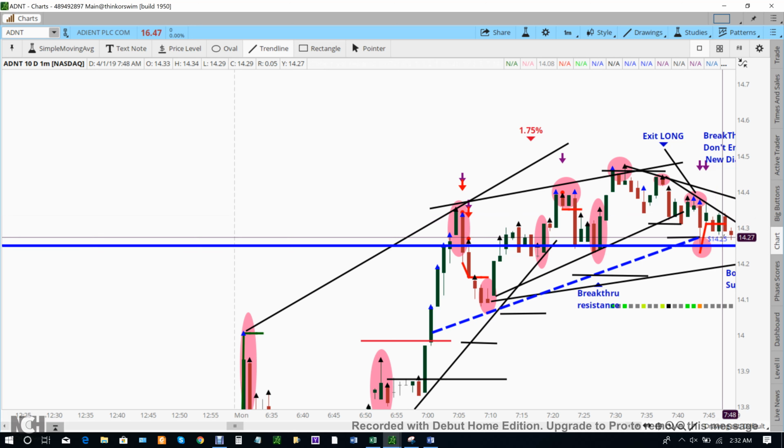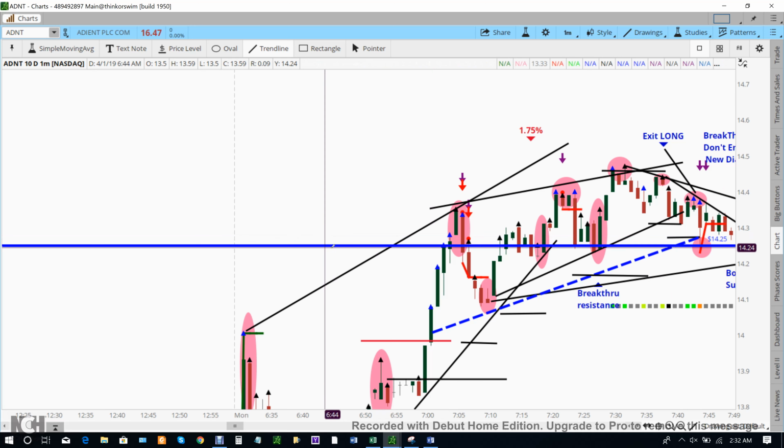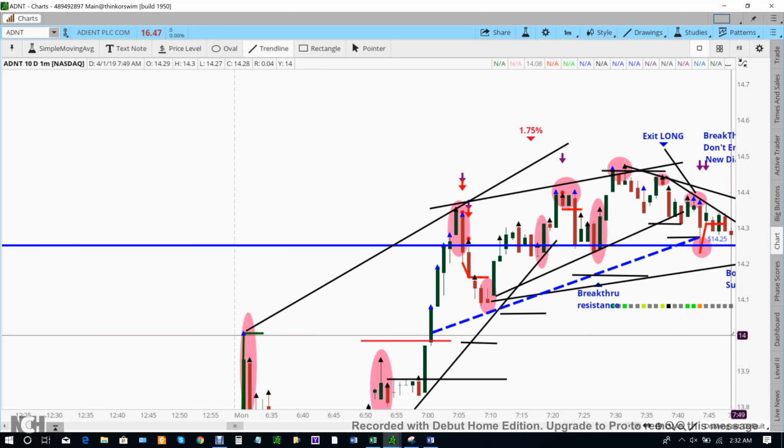More than likely, it's going to go down to hit this blue support line right here, and maybe bounce off of it. Or if it breaks through, then it'll keep on going down.